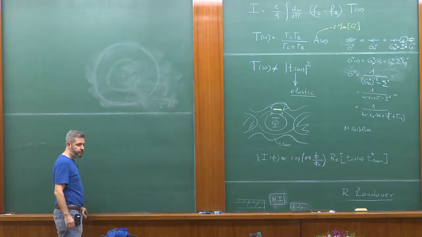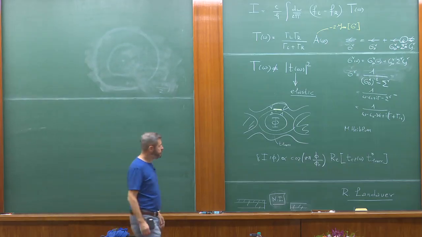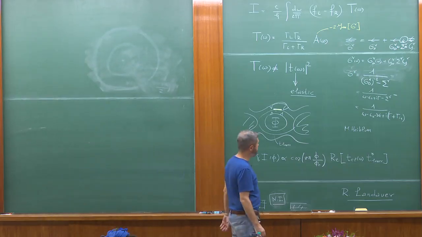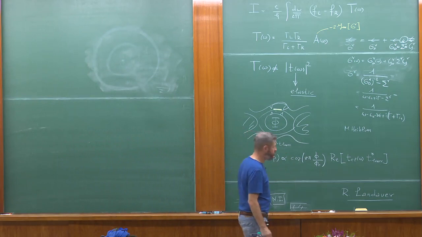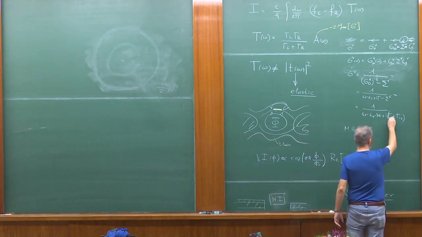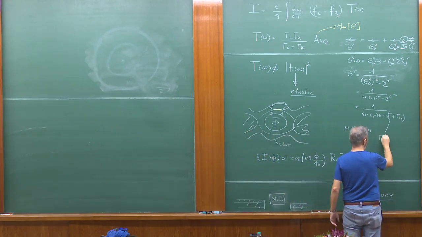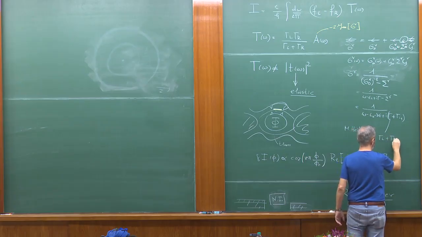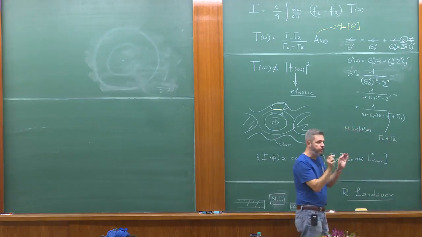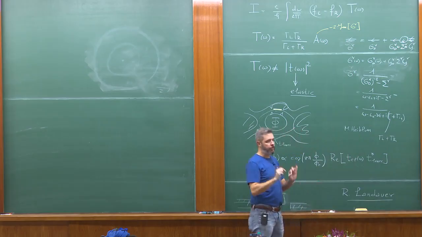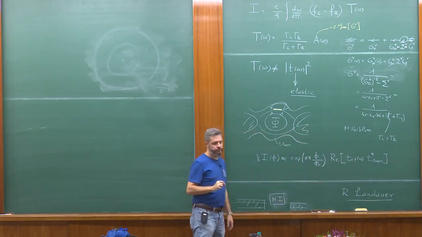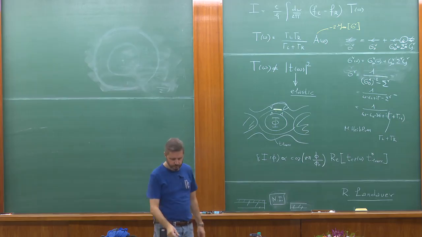Yes? That capital gamma that you defined when you are defining G0 and G0 retarded, is that due to the interaction? This one? No, this one is the usual gamma left plus gamma right. So it's the one due to the coupling to the leads, due to the tunneling. Okay.